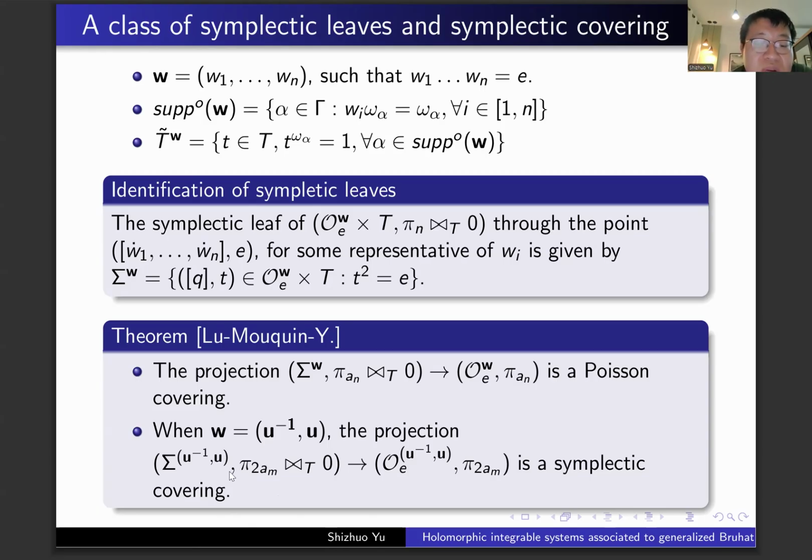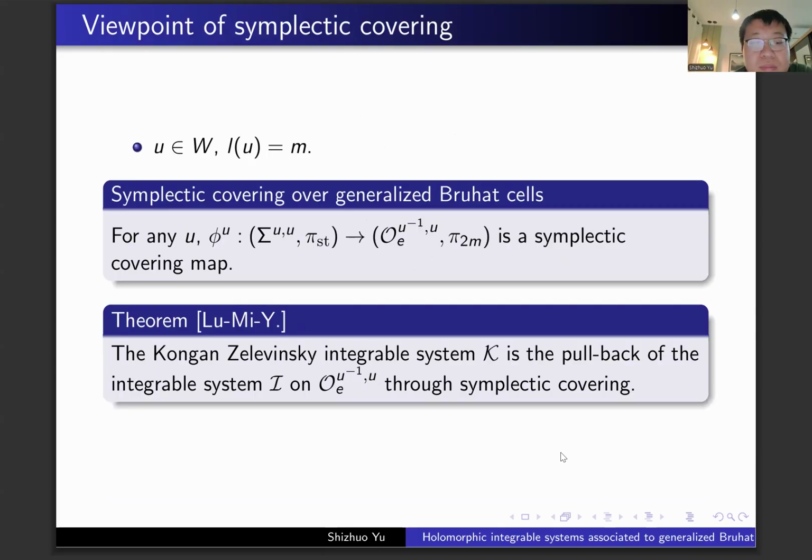In particular, the relation of the Kogan-Zelinsky system and the Lu-Mi system on the generalized Bruhat cell. Because here we can obtain a class of symplectic covering maps, and we can pull back the integrable systems on the base space O_U inverse U to sigma U inverse U. It is a key point because here we have a symplectic covering.